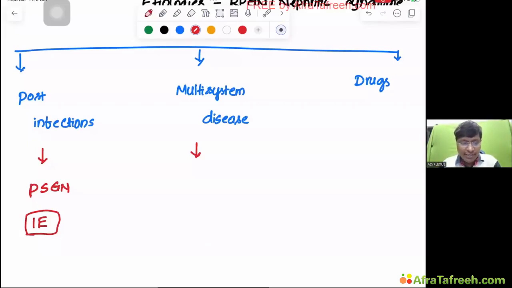What is the most common organism that will cause infective endocarditis in IV drug abusers? That is again Staphylococcus aureus, as well as fungal infections like Candida. Now, what is the most common risk factor for the development of infective endocarditis?